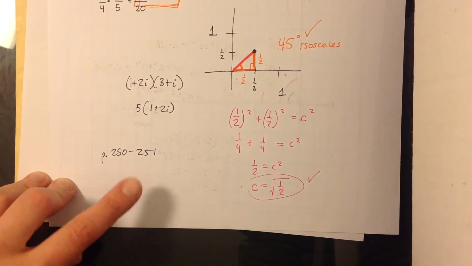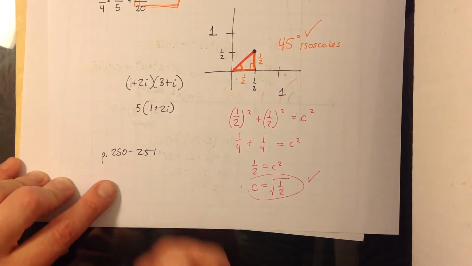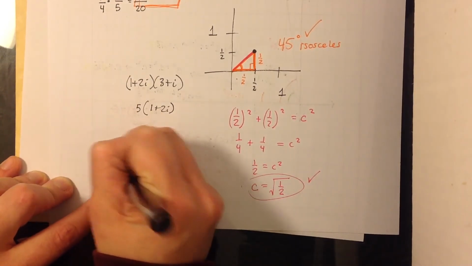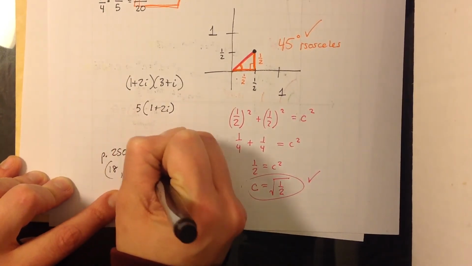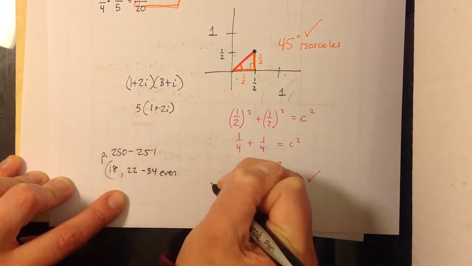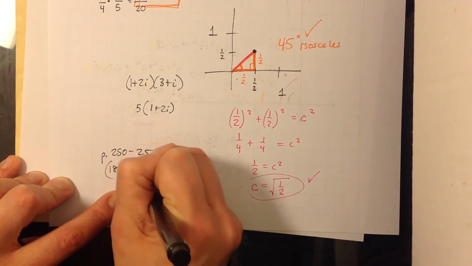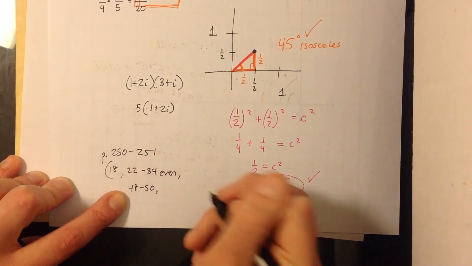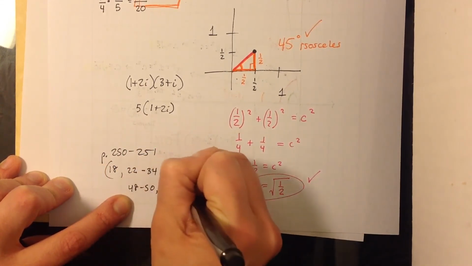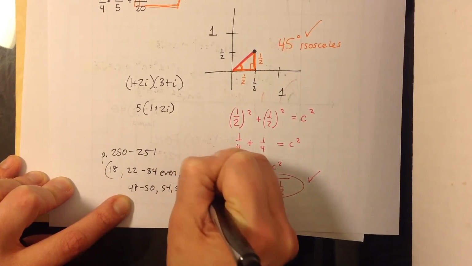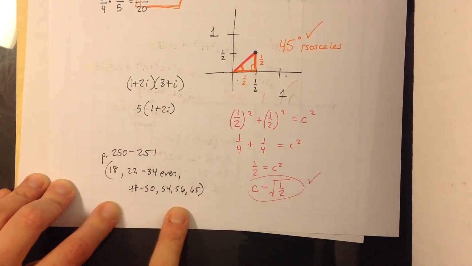Wednesday is career stuff day, but Thursday. I would like you to try 18, 22 to 34 even, and then 48 to 50, all of those. 54, 56, and 65. Take a look at those.